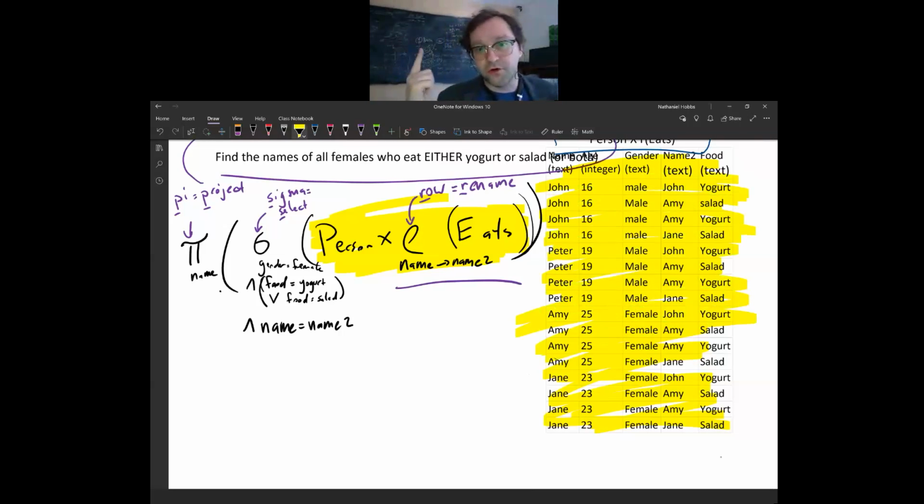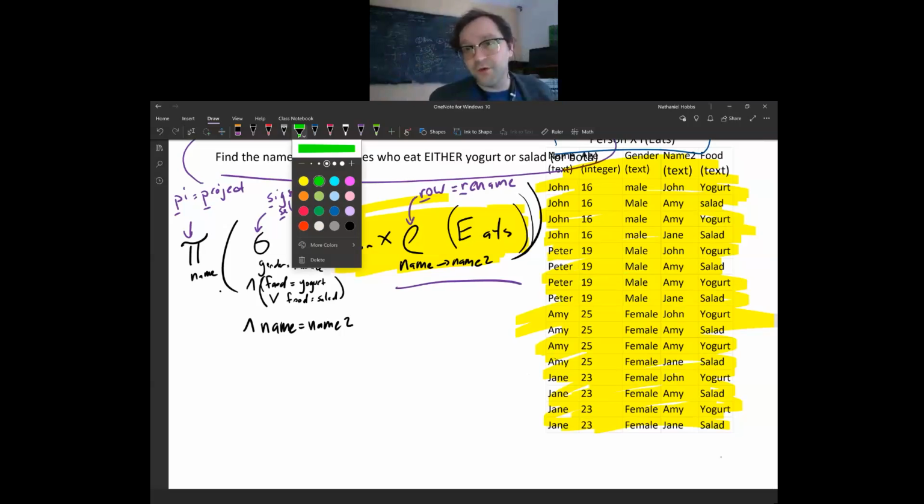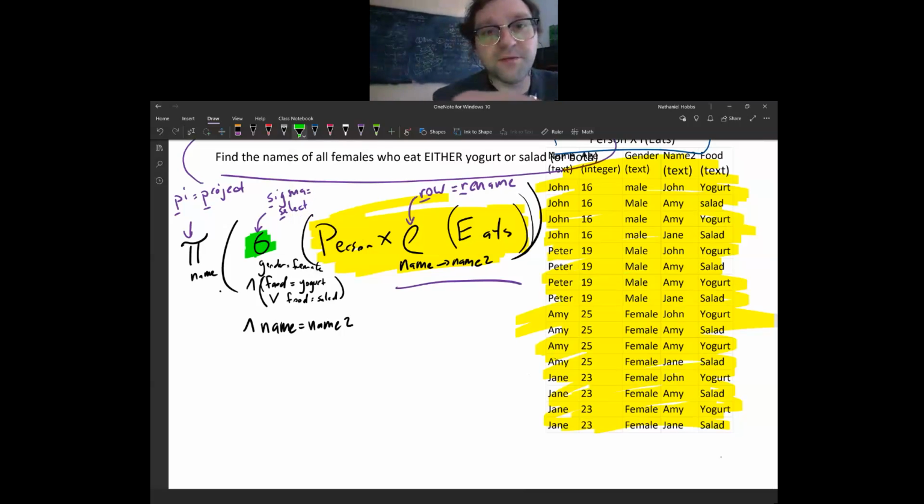So now for the select. Right, now what does the select do? The select goes row by row, and it checks each of these, if these are true or not.